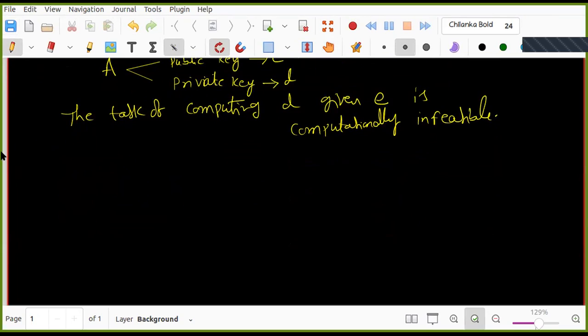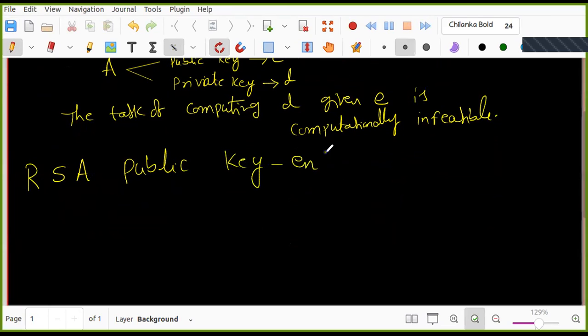So the first one is the RSA public key crypto system. I hope none of you took this topic, so that's why I'm taking this. So, RSA public key encryption. This was actually given by 3 persons.